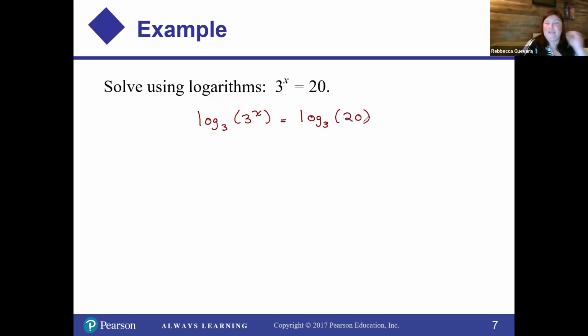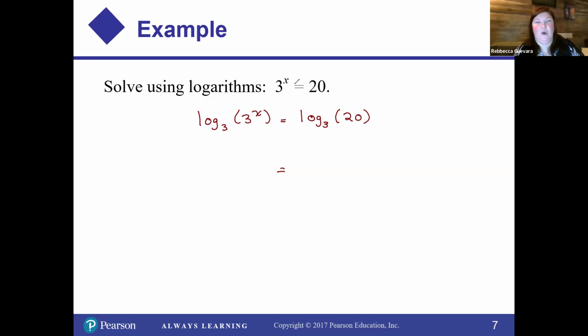So I'm actually combining two rules here. We know that this is still equal to 3^x equals 20, but I'm going to use that log base 3 to undo this 3 on this side.